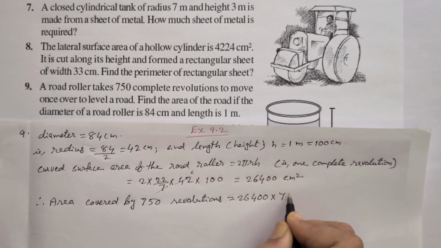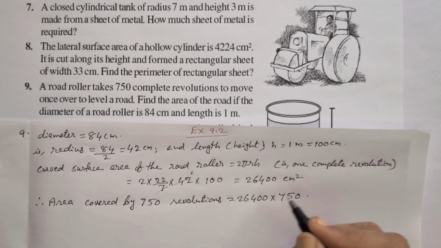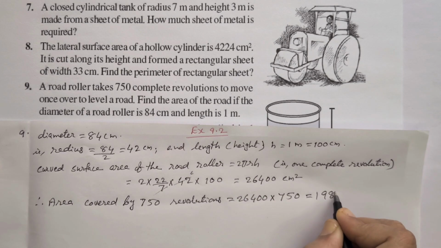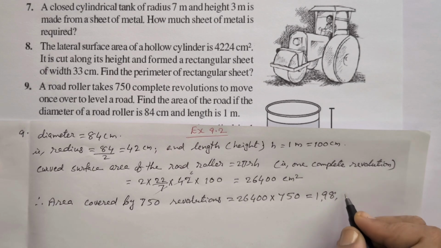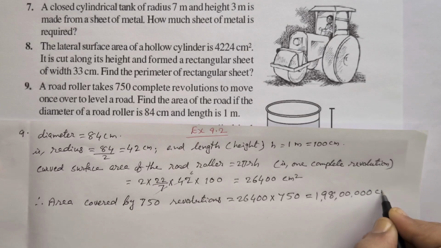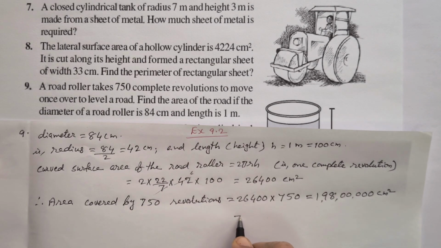Like that way 750 times it is rolling, which is equal to this much centimeter square. It's a big number, so we can convert that into meter.